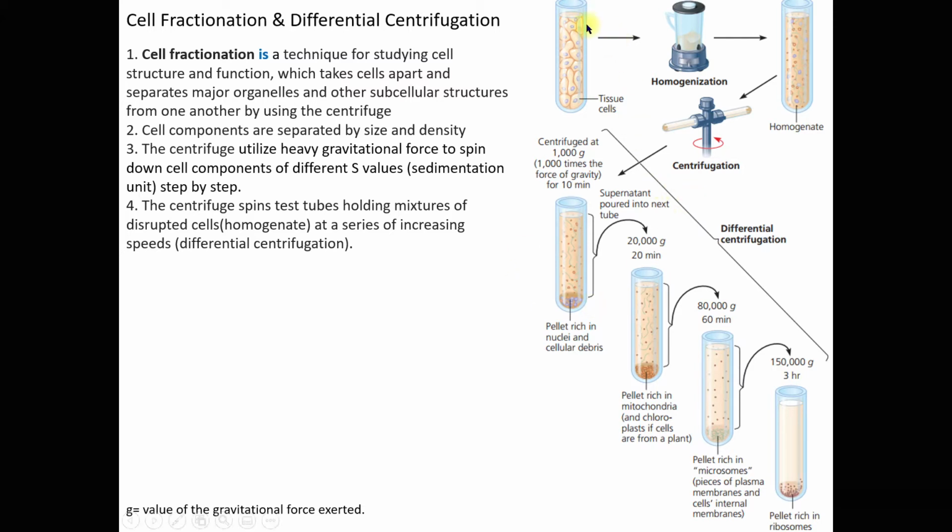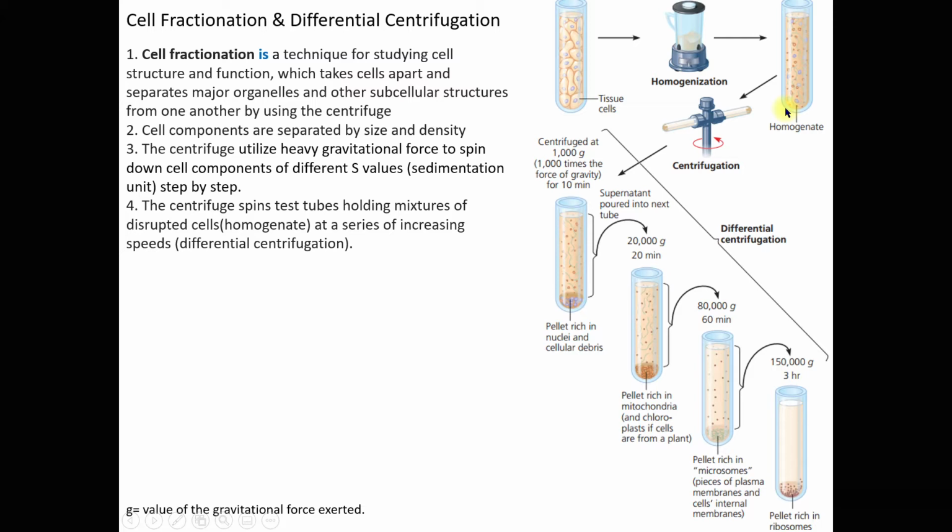Now, we take an example, tissue cells. We homogenize them, meaning we break them up. When these tissue cells are broken up, we refer to it as a homogenate, a mixture in which the tissue cells have been broken down.